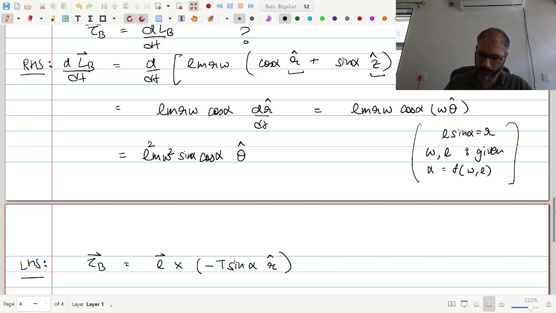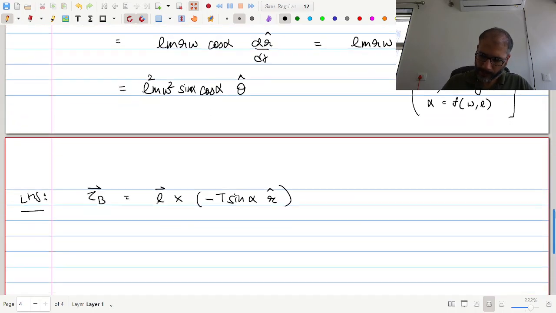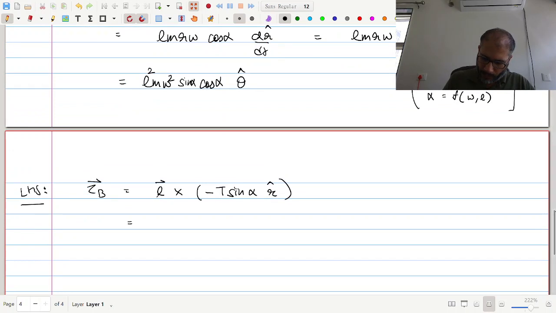That's the only unbalanced force, the only net force acting on the bob. And L, if you remember, can be written as L cos alpha in the minus z hat direction and L sine alpha in the r hat direction.